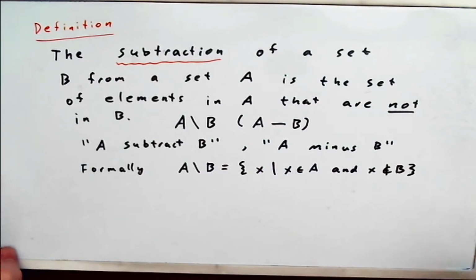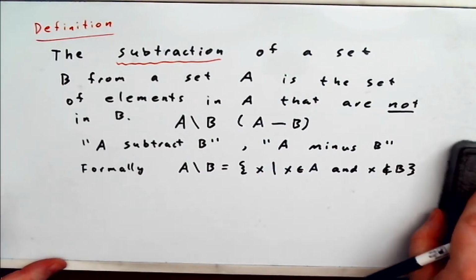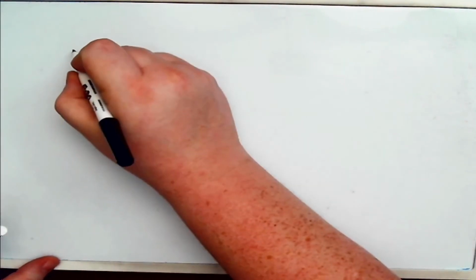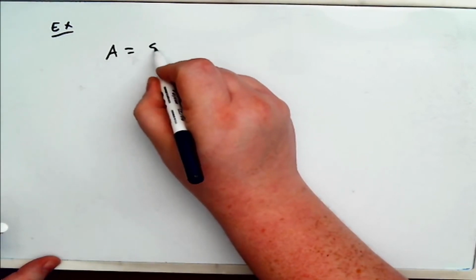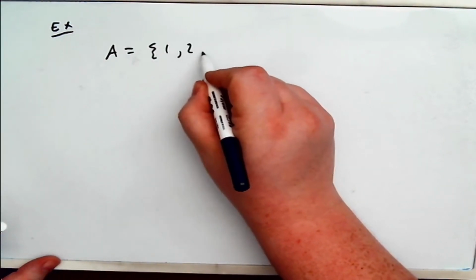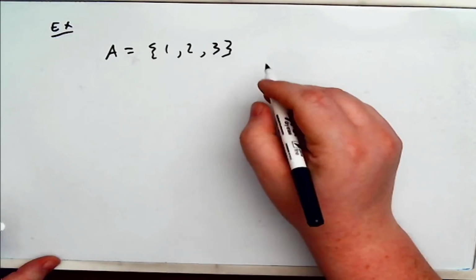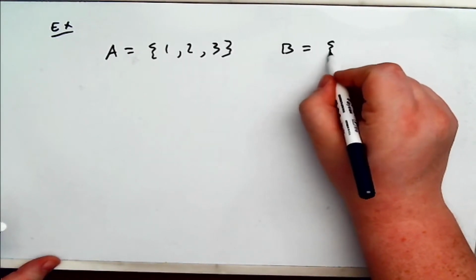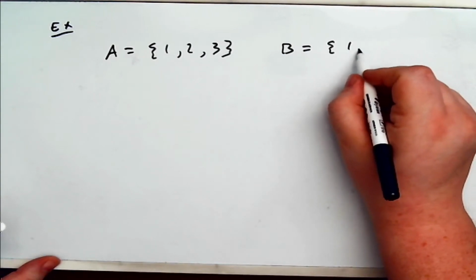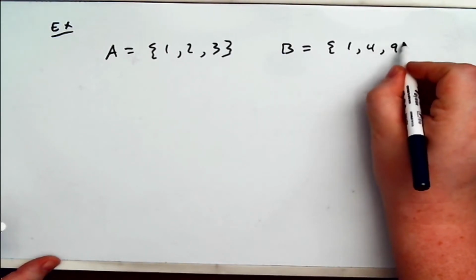Okay? So a real simple example for that one. Suppose I have a set A, 1, 2, 3, and a set B that's 1, 4, 9.